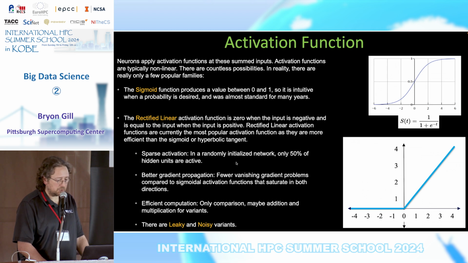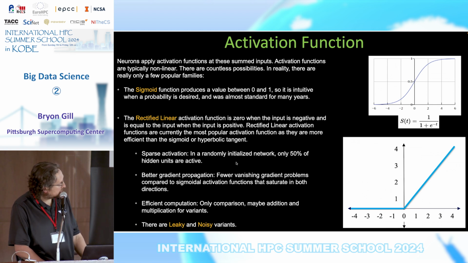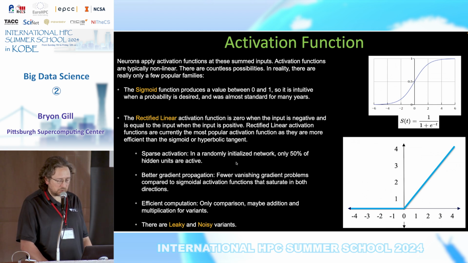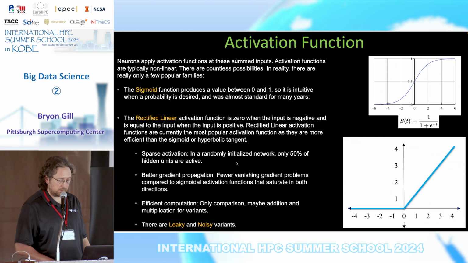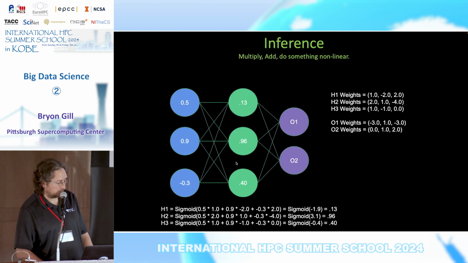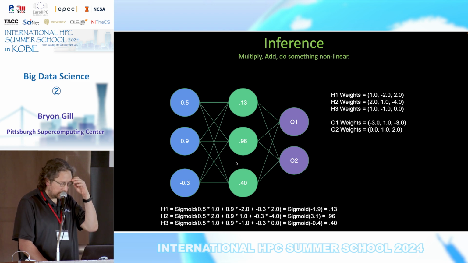It's easier computation and mostly just a simple comparison. So there's lots of variance for the kind of activation functions that a neuron can have, but for classification, the rectified linear is generally considered to be the most popular. So here, we're going to see the application of these weights using the sigmoid function.